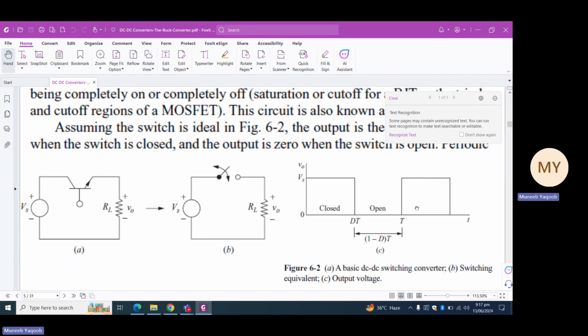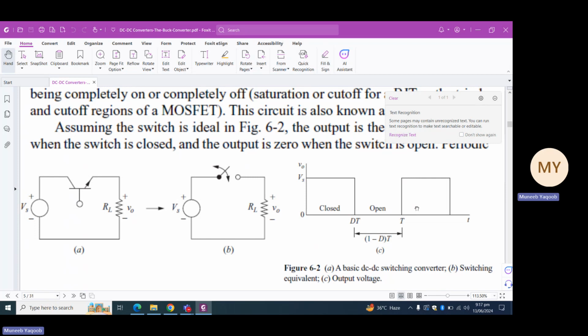Now, if the switch is open, then the voltage across the RL resistor is zero. So what we are doing is providing the output voltage either as Vs for dT time, and as 0 for the remaining time.